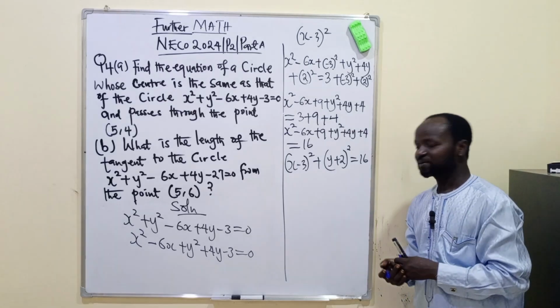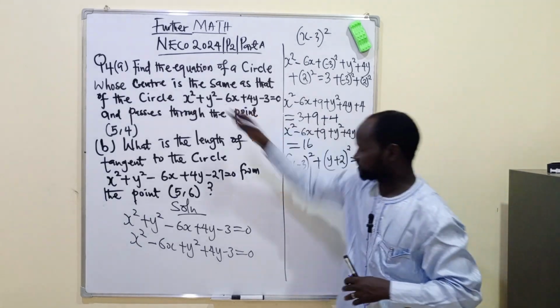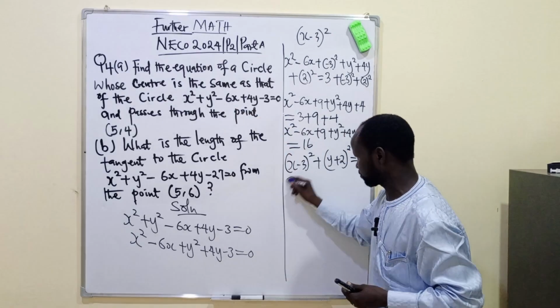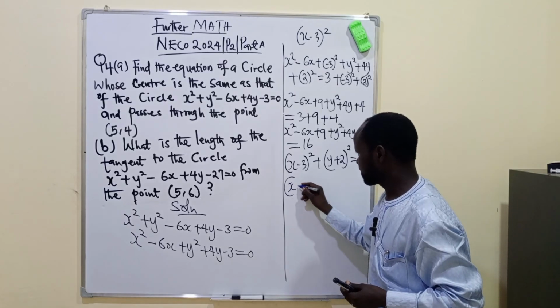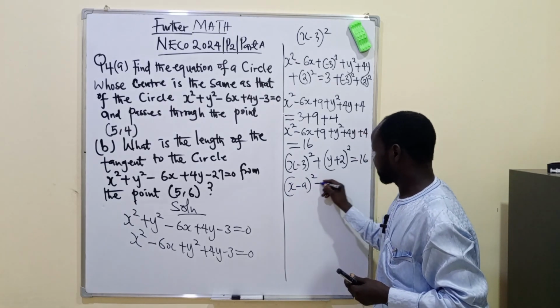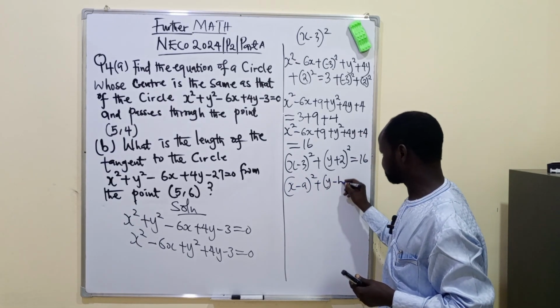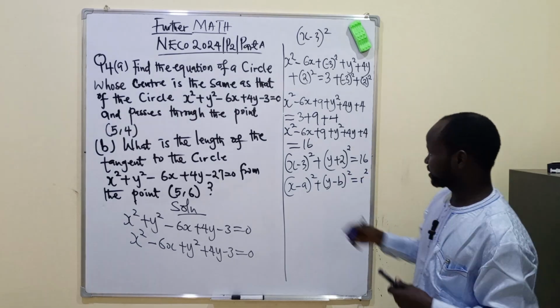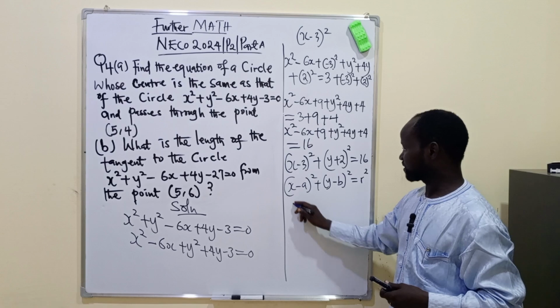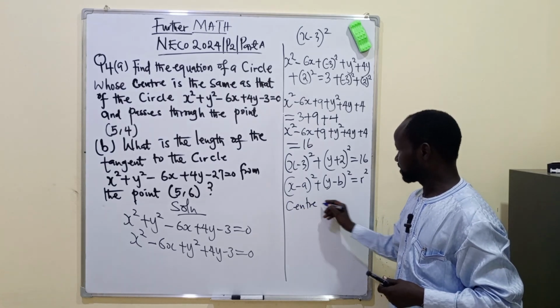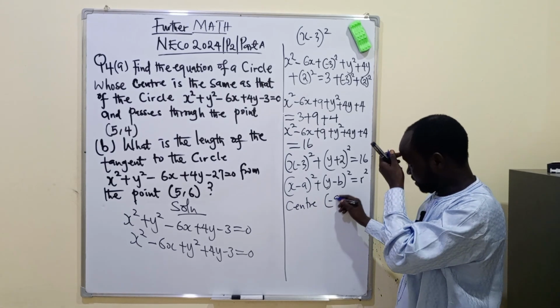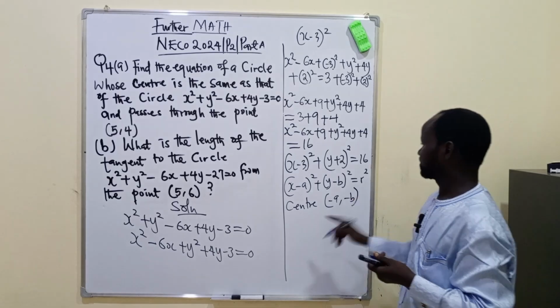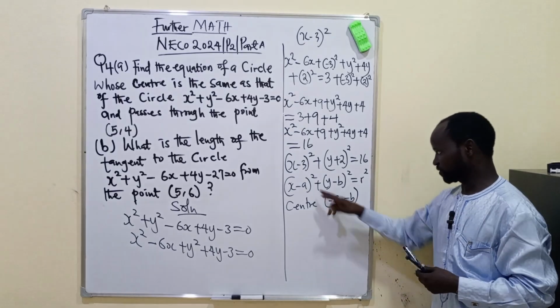Then from here, we can get the center of the circle by comparing. The equation of a circle is given as x minus a all squared plus y minus b all squared, which equals r squared. By comparing, given that the center is a comma b, this is the center of the circle using this equation.